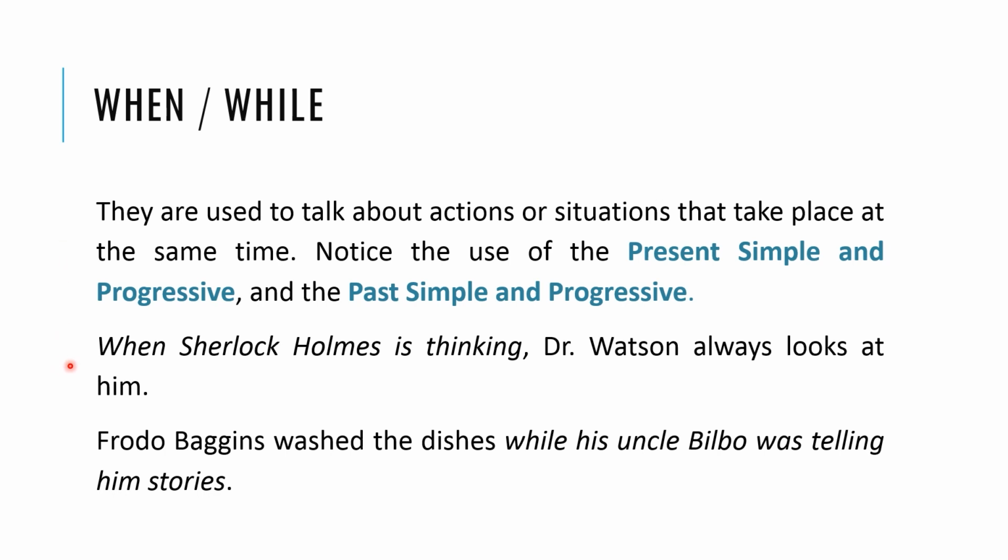When Sherlock Holmes is thinking, Dr. Watson always looks at him. We have here first this sentence: Sherlock Holmes is thinking. This one is in the present progressive. We have here the verb to be in the present, and then we have the gerund, that is the verb plus ing.